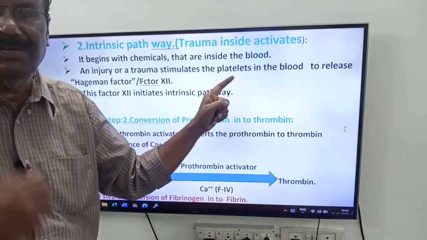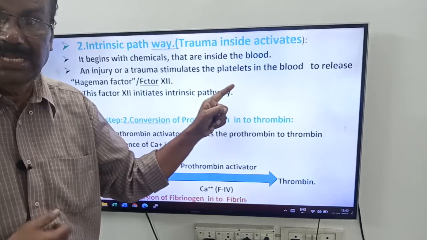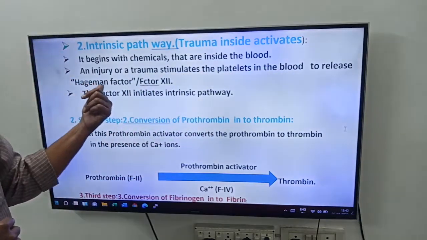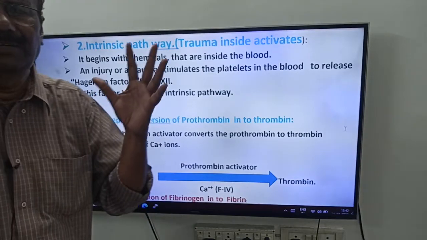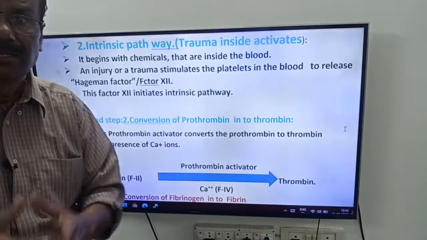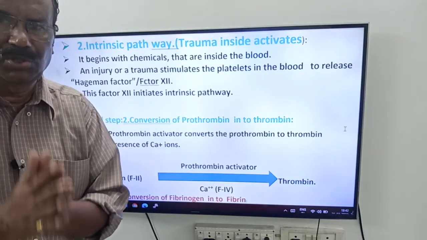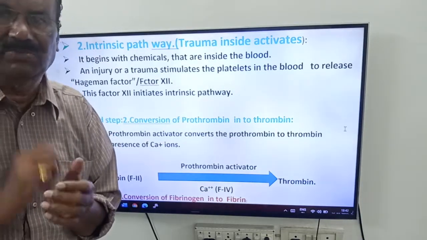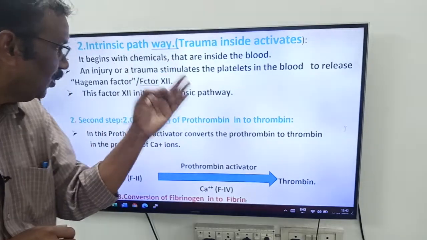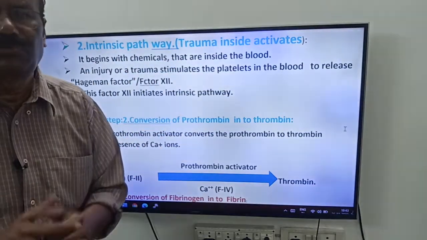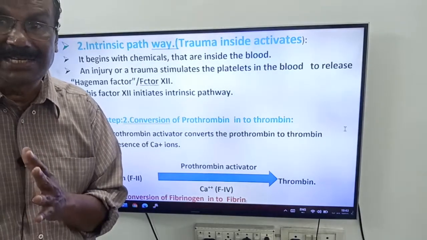You know, platelets are present in the blood and help in blood clotting. Platelets in the blood release Hageman's factor, or factor 12. Very, very important, friends, for NEET and MCET. Factor 3 is responsible for the formation of prothrombin activator in the extrinsic pathway. Factor 12, that is Hageman's factor, is responsible for the formation of prothrombin activator in the intrinsic pathway.